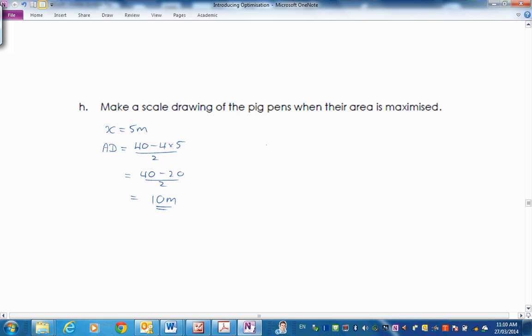So actually the pig pen was 5. I'm not drawing this to scale, you were supposed to though. And the other length was there. That was twice as long. That was 10.